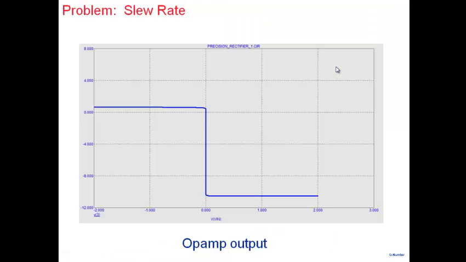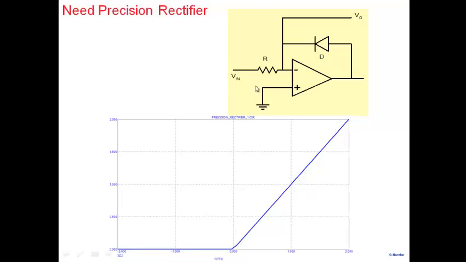And the problem with this particular circuit is, as I mentioned, when Vin is negative, the diode is on, the feedback loop is operating, this point is 0, and the output voltage is 0.6 or 0.7. That's the diode voltage. Now when the feedback loop is not operating, when Vin goes positive, the diode is open circuited. We said the value is minus 12.